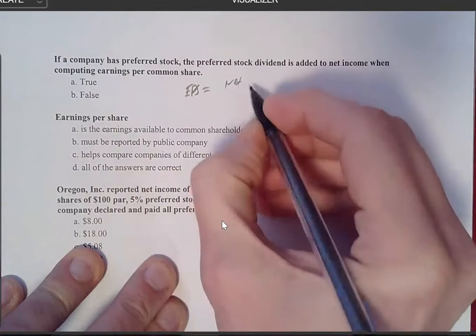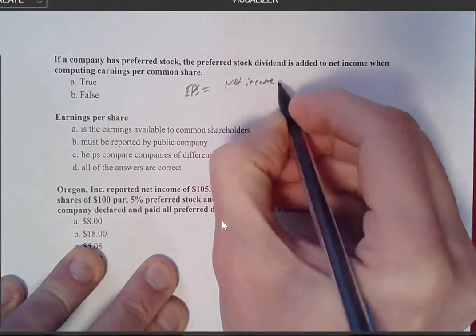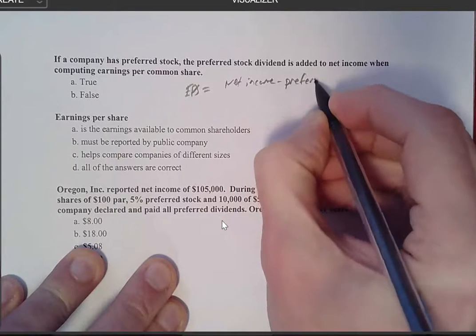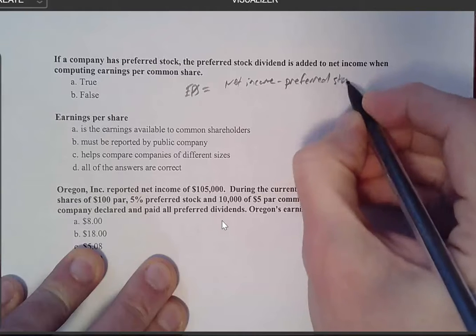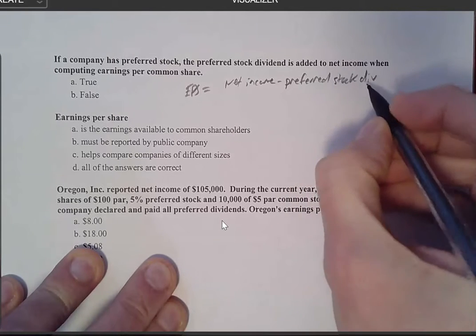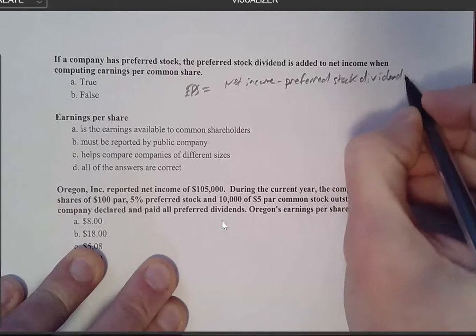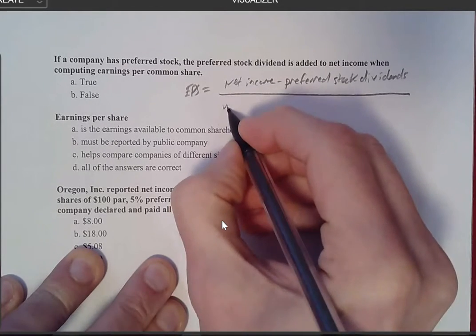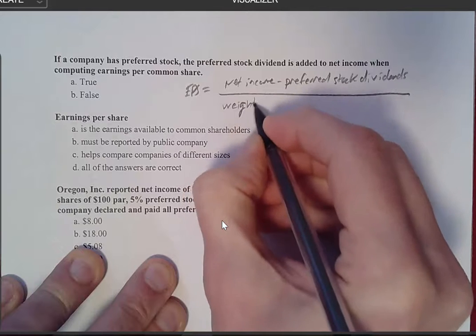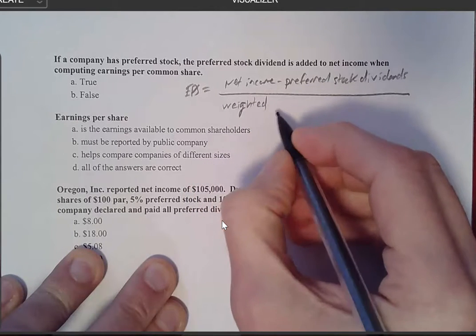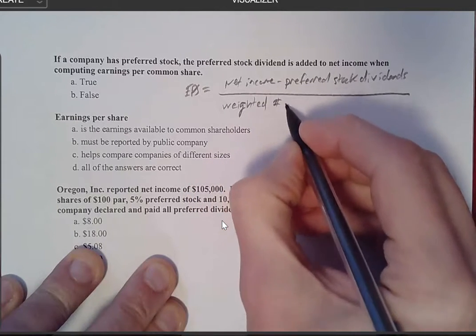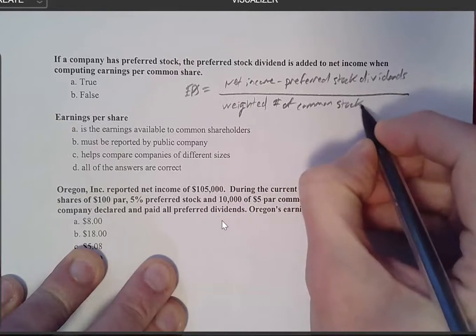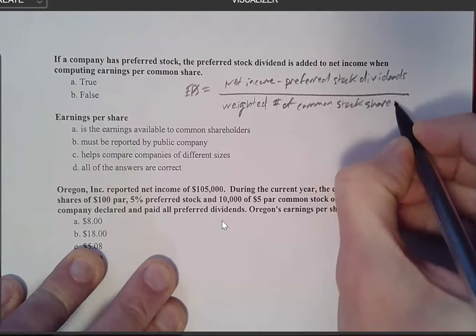EPS equals net income minus preferred stock dividends over, we'll just go with the language on the PowerPoint slide, weighted number of common stock shares.